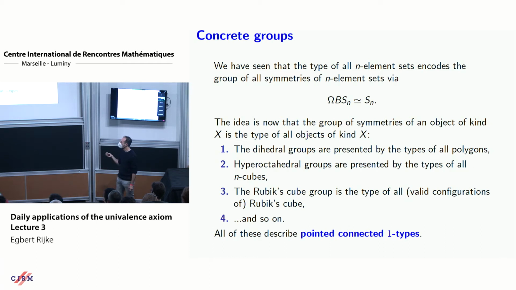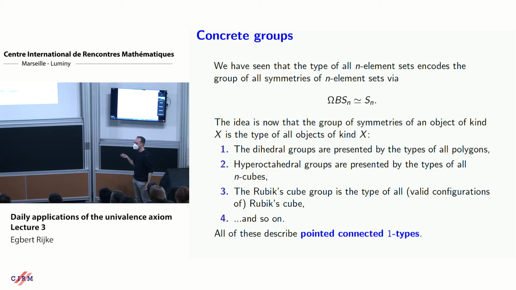And so you can continue this idea. You can just say hyperoctahedral groups, they are the types of all n cubes for a fixed n. So you define what it means to be an n cube, and the type of all of these is going to be the classifying space of a hyperoctahedral group. And this is an idea. If I ever have a student interested in Rubik's cubes, I will make them define the type of all Rubik's cubes and study that or something like that.